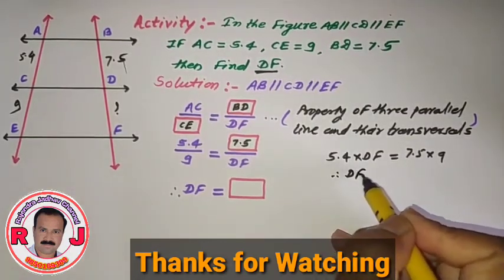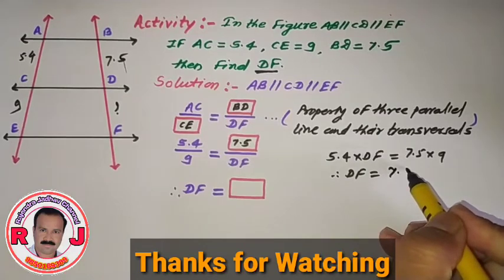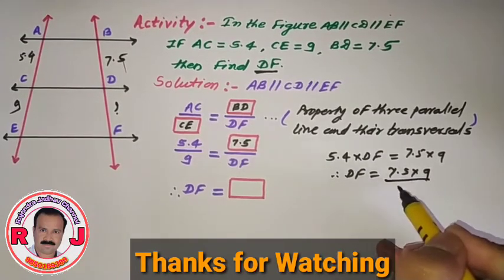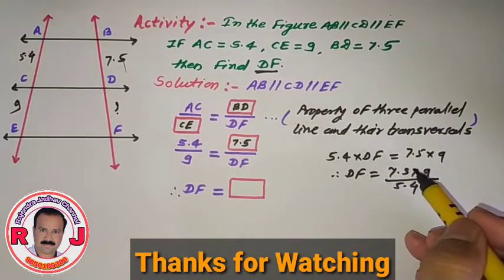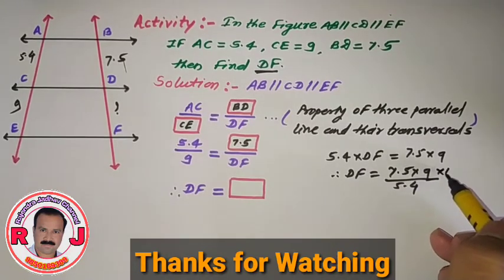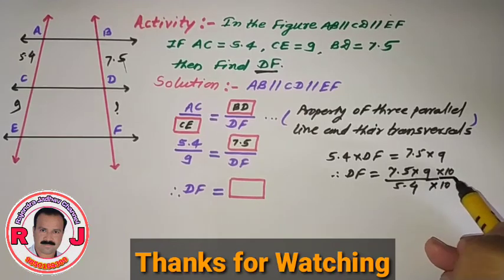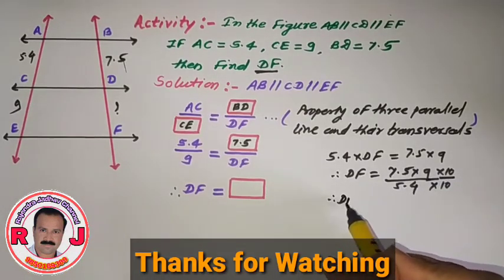Therefore DF is equal to 7.5 into 9 upon 5.4. To simplify this calculation, multiply numerator and denominator by 10.